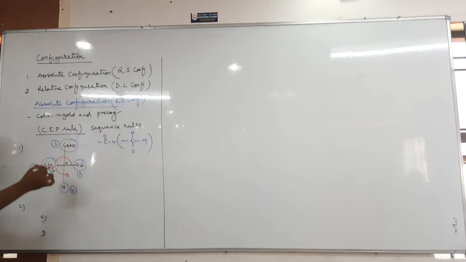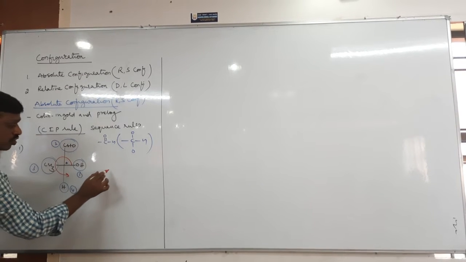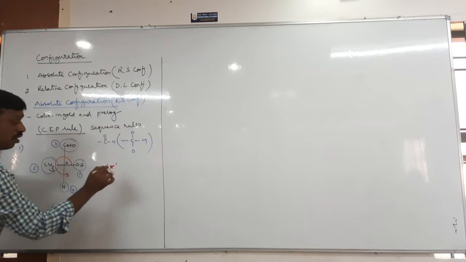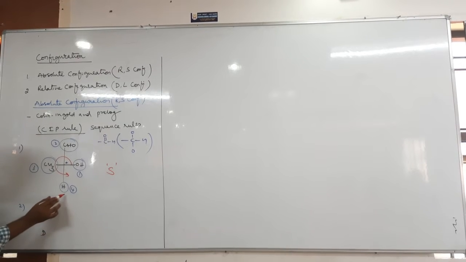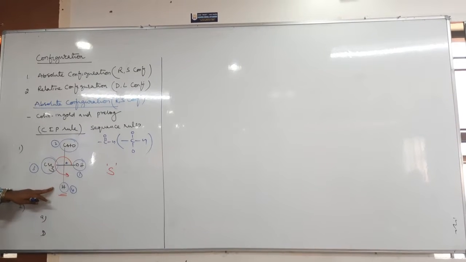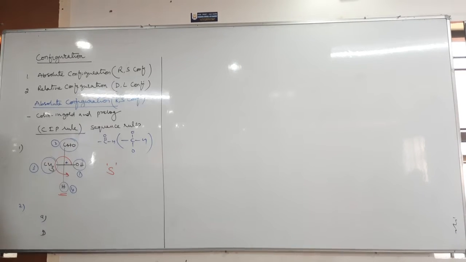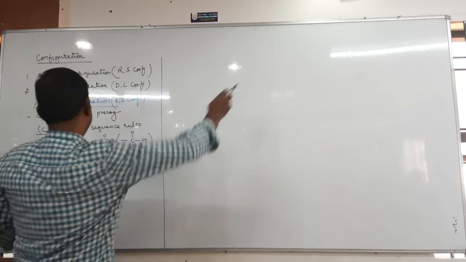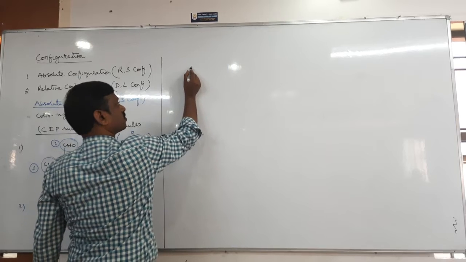It is anti-clockwise, so the configuration is called S configuration. But the condition is that the fourth priority group must be on the vertical line or below the plane. It is on the vertical line, therefore it is S configuration. Understand? Next, one more example. Do it fast.